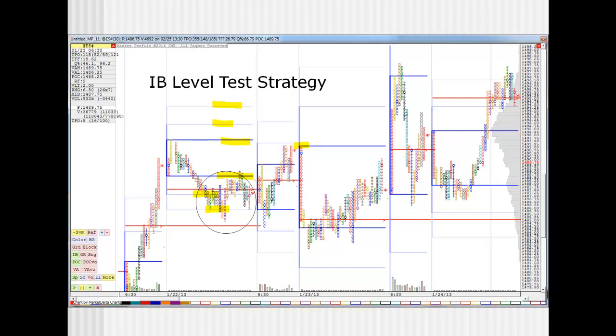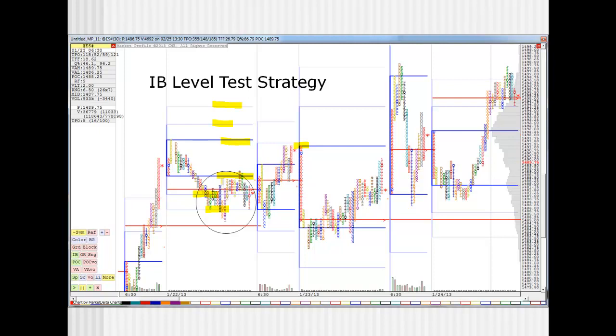Now, at what point would I really be willing to go long? If you notice here, this is my first actual test right here. It failed. This is my second test, and it failed because look at where we opened period X back here. Now, period Y comes back up, and it doesn't take out the high.